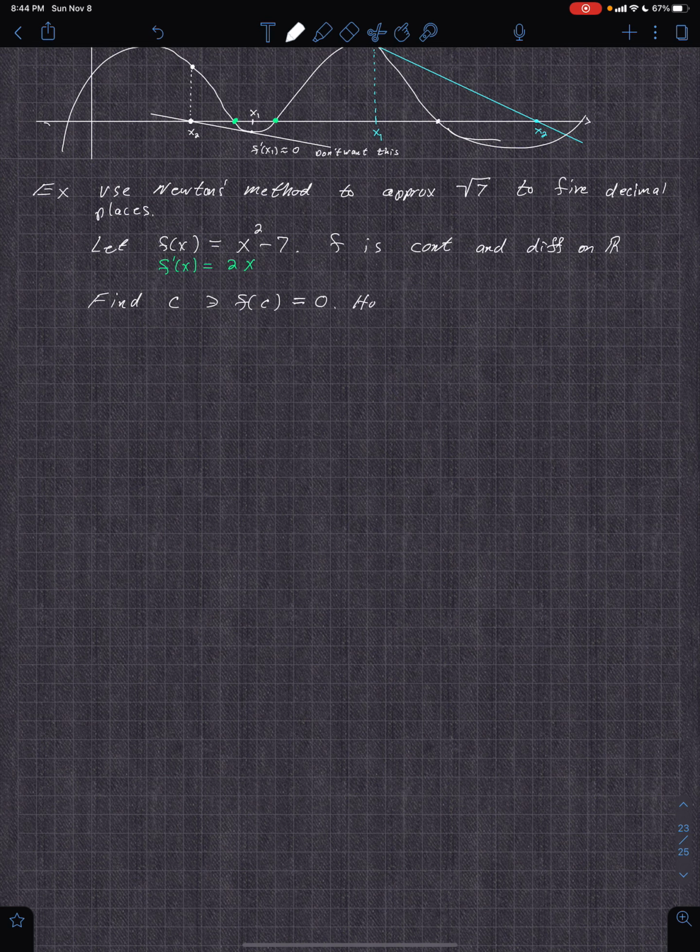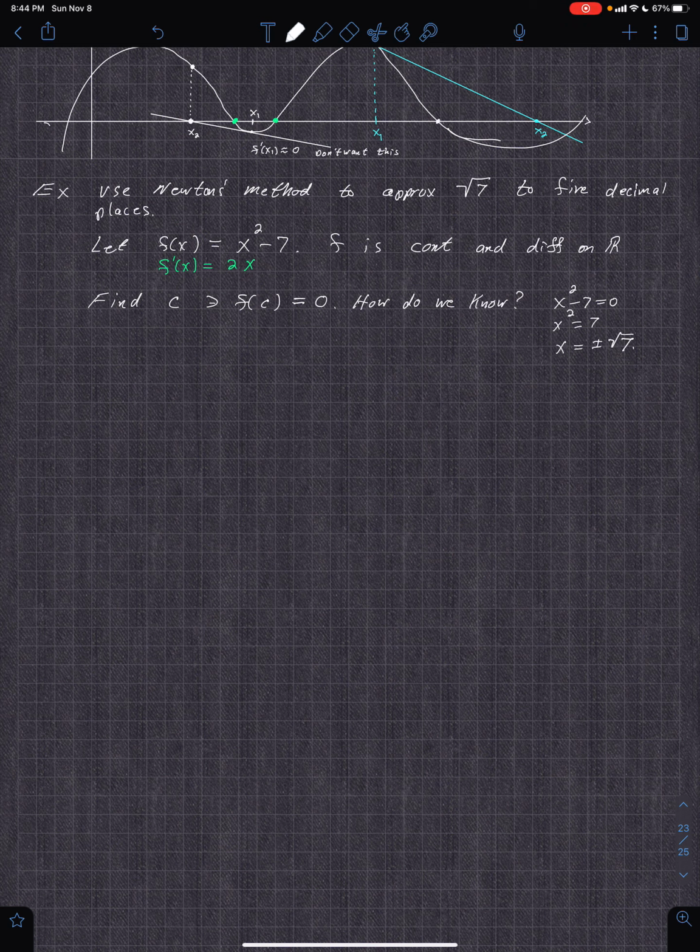Okay, so the question is, how do we know? And I'm not talking about just setting it equal to 0 and solving. I mean, you can just say x squared minus 7 equals 0. x squared is equal to 7. So x is equal to plus or minus root 7. So that's what we're trying to solve.